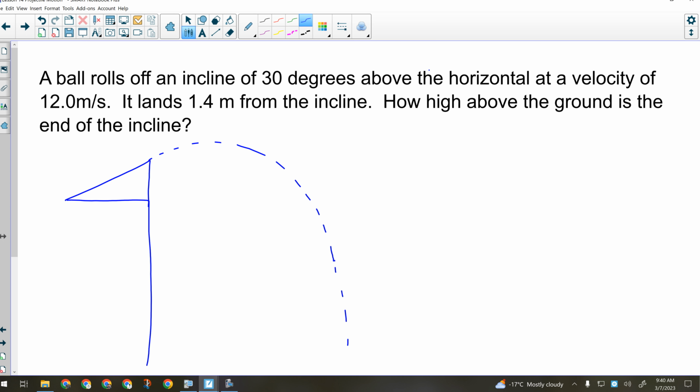So the projectile or the ball is going to do this instead, and we know it's 30 degrees above the horizontal at 12 meters per second, and all we know is that it lands 1.4 meters from the base of the incline.